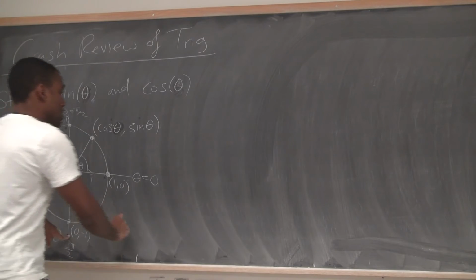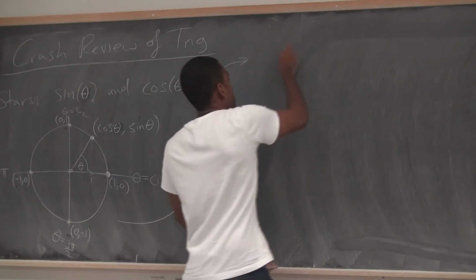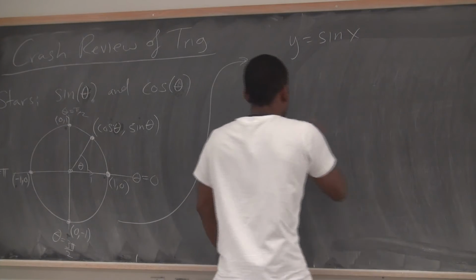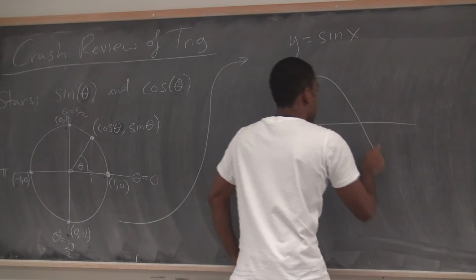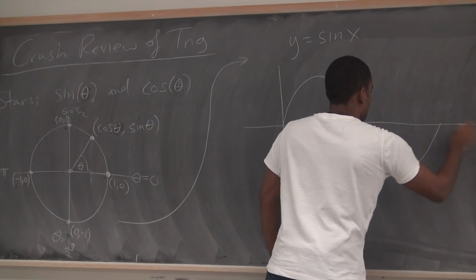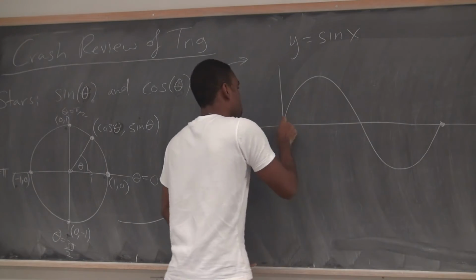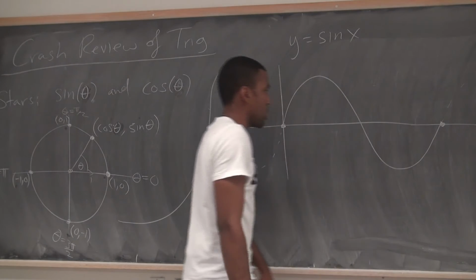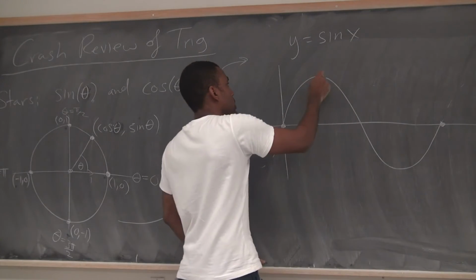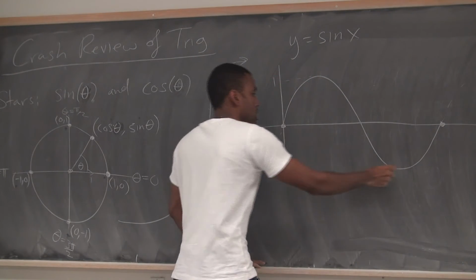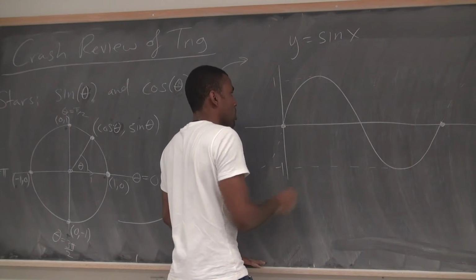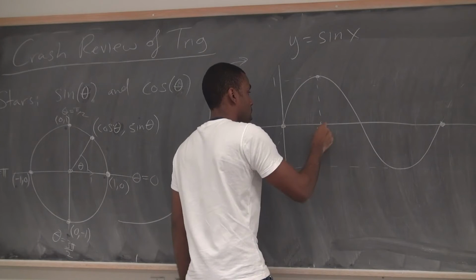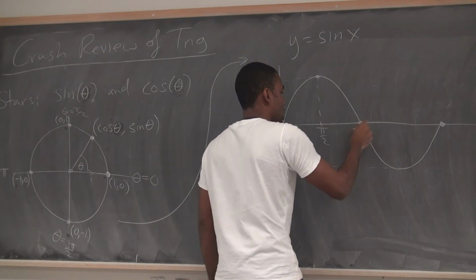From these, you can sort of chart out what these graphs look like. So y equals sine x looks like the following. Right? It actually continues forever, but they usually only talk about what's called the principal period. The maximum here is 1. The minimum here is -1. It hits 1, as you can see from the unit circle, at pi over 2. It's 0 at pi.